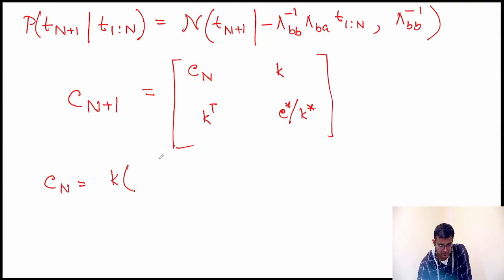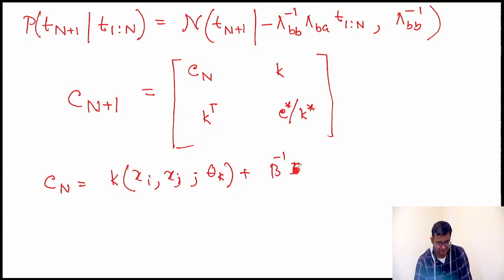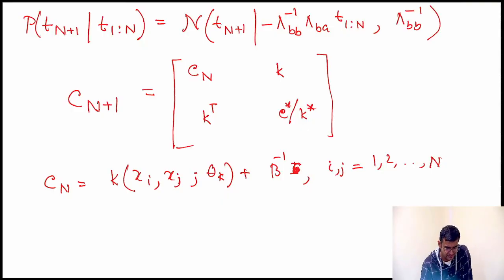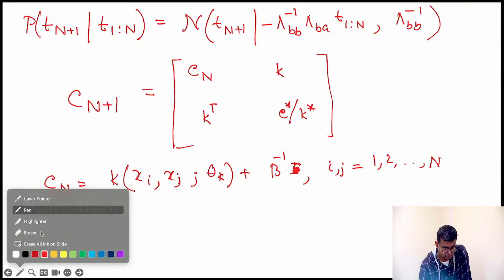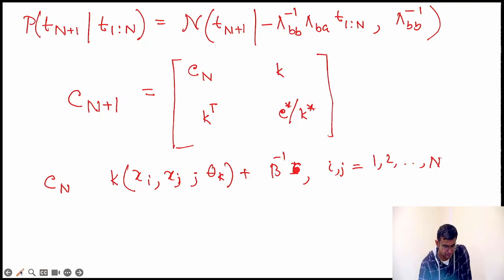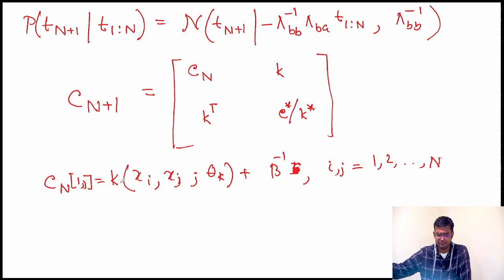Covariance between xi and xj; theta k plus beta inverse I, where i and j go from 1 to n. This is Cn ij actually.